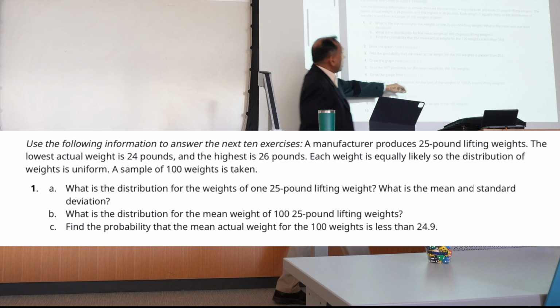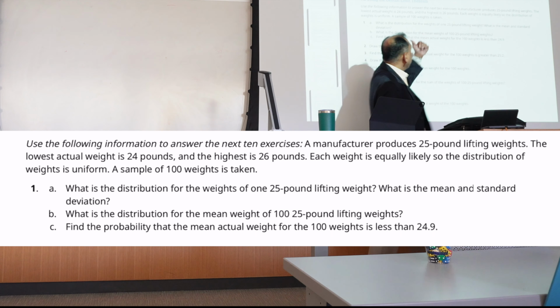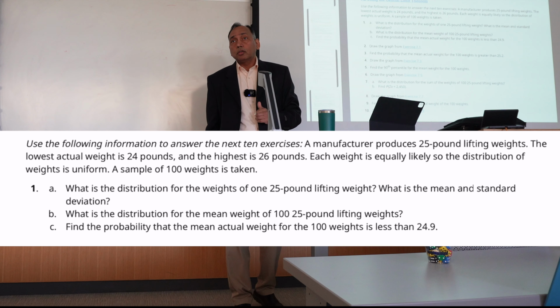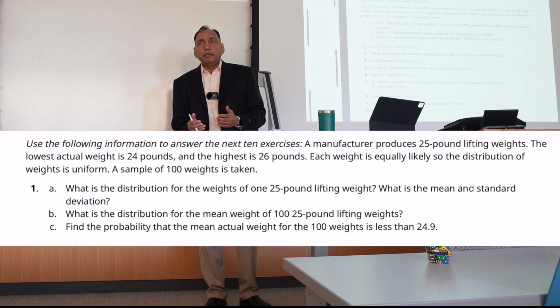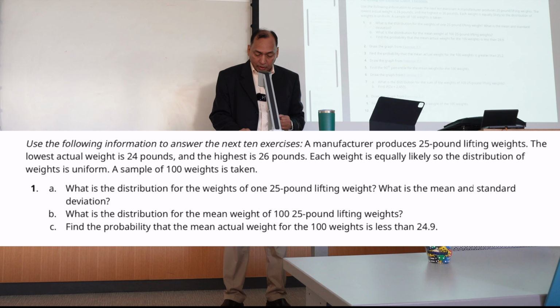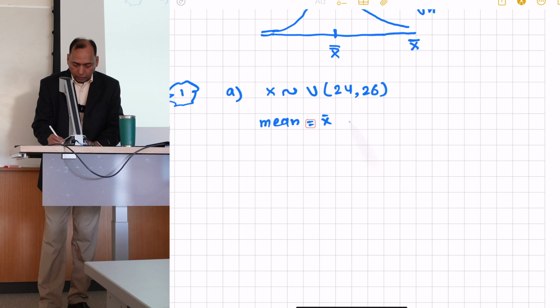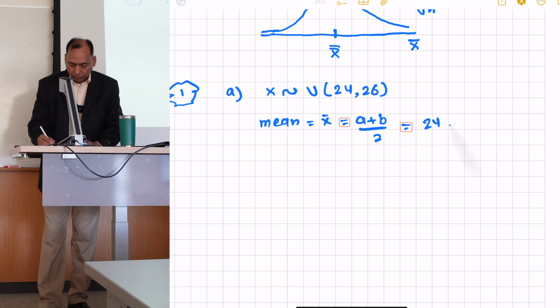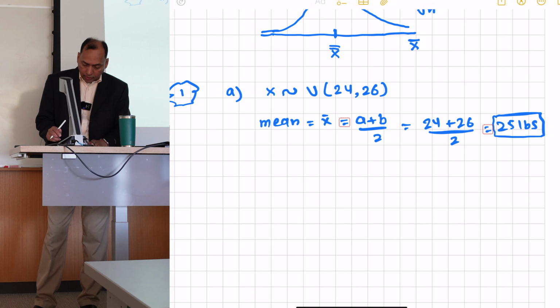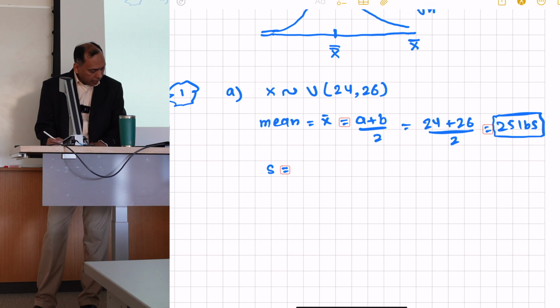It also says what is the mean and standard deviation. So whatever is the mean and standard deviation for uniform distribution, that's not going to change. The mean for uniform distribution is (A plus B) by 2. So A is 24, B is 26, by 2, so 25 pounds. And then standard deviation.